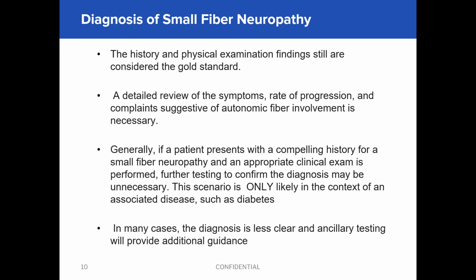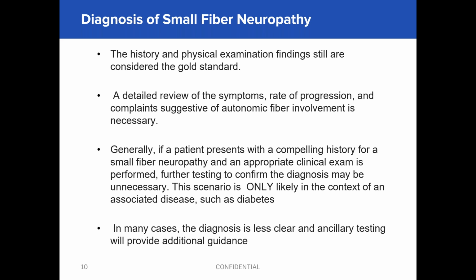So history and physical examination, like we talked about, are still the gold standard. Sitting there, listening to your patient, seeing when every symptom started, how they're distributed, what the symptoms are, that really gives you the early thinking of, okay, this is small fiber neuropathy and we may need to test for it. You want a detailed review of the symptoms, the rate of progression, and the complaints that they're having.